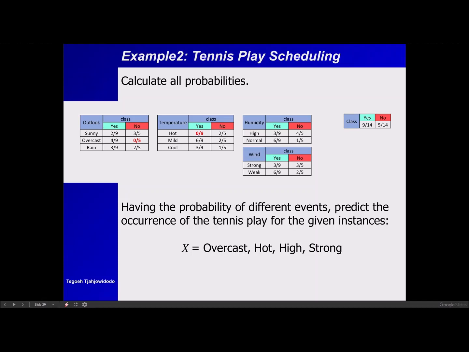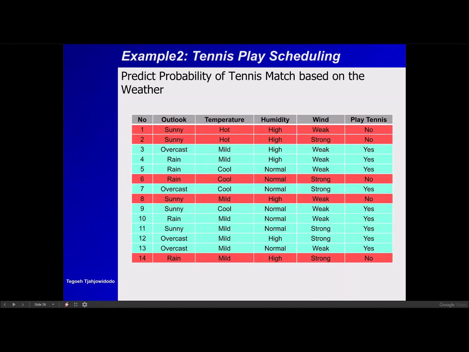So we have these four variables of the weather: overcast, hot, high, strong. And if we refer to the previous table, we don't have that in here. So we cannot make an estimation of whether the tennis match is played or not based on the existing table.